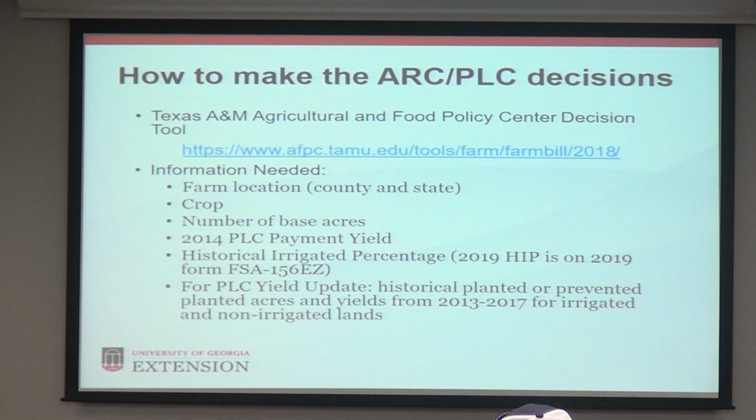The historical irrigated percentage goes into the Ark County formula, and for that PLC yield update, looking at the historical planted or prevented planted acres from 2013 to 2017. So that 2013 to 2017 is the time period for that PLC yield update, if you so choose to make that update compared to what you had for your 2014 PLC payment yield.